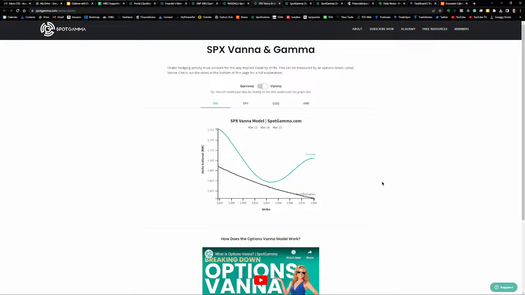All right, so this is SPX, again showing delta notional. This is market maker's position, delta notional on the vertical axis and price on the horizontal axis.